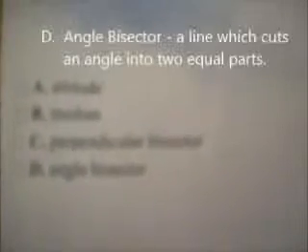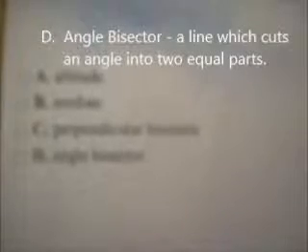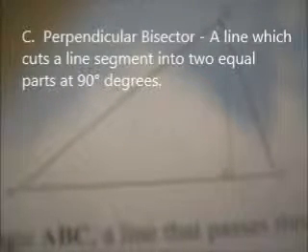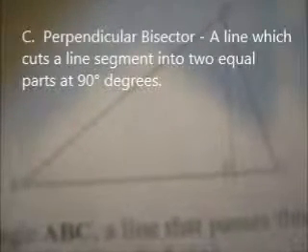Let's start with angle bisector, a line which cuts an angle into two equal parts. Well, as you can see, the line does cut the triangle, but not into equal parts, so it's not D. Perpendicular bisector, a line which cuts a line segment into two equal parts at 90 degrees.